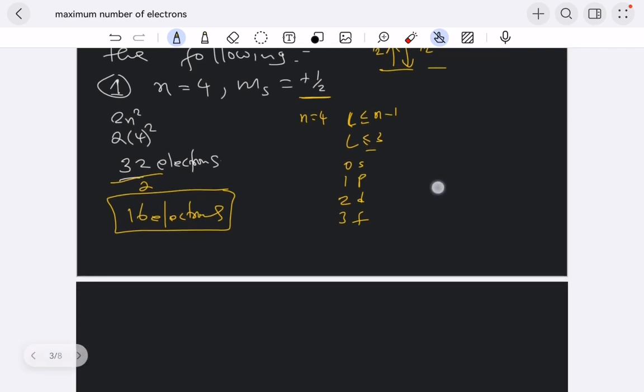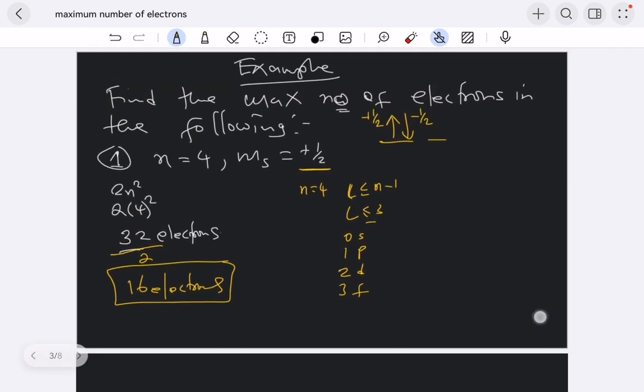So looking at it visually, I have the 4s, the 4p, the 4d, and the 4f. Then from the ml perspective, s has 1 orbital, 0. p has 3: negative 1, 0, 1. d has 5: negative 2, negative 1, 0, 1, 2. f has 7: negative 3, negative 2, negative 1, 0, 1, 2, 3.